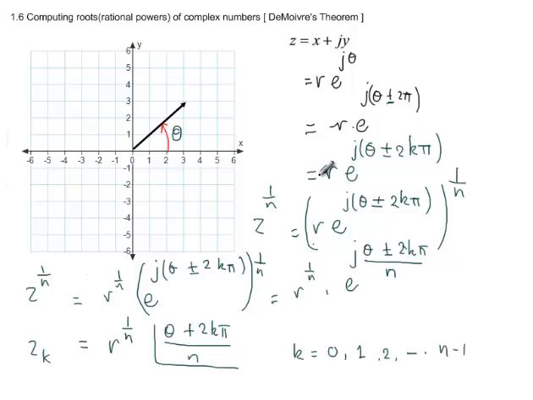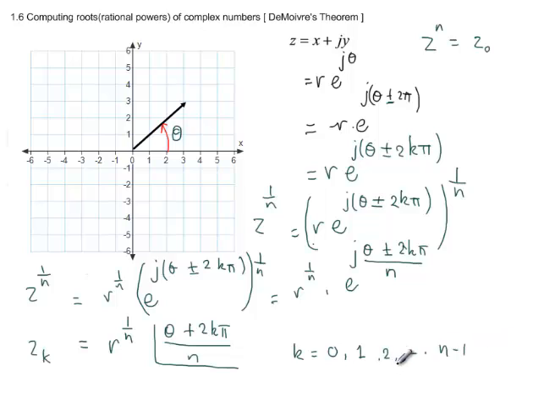If I've got an equation, z to the power n equals a complex number z0, we must know that when you solve this equation, we must get n solutions. You know that, isn't it? Like a quadratic equation, it's got power 2. The highest power we know is 2. The equation has got 2 solutions. A linear equation, the highest power is 1. The equation has got 1 solution, isn't it?